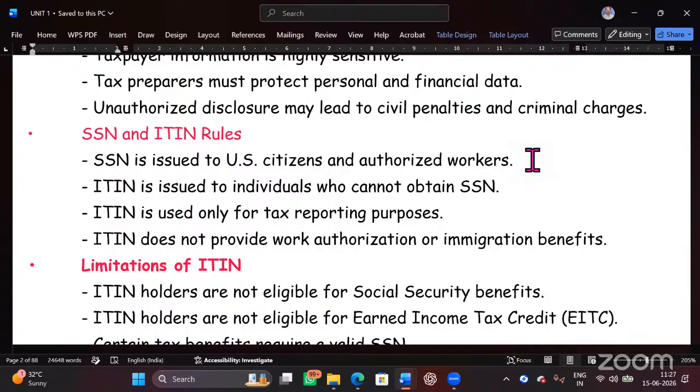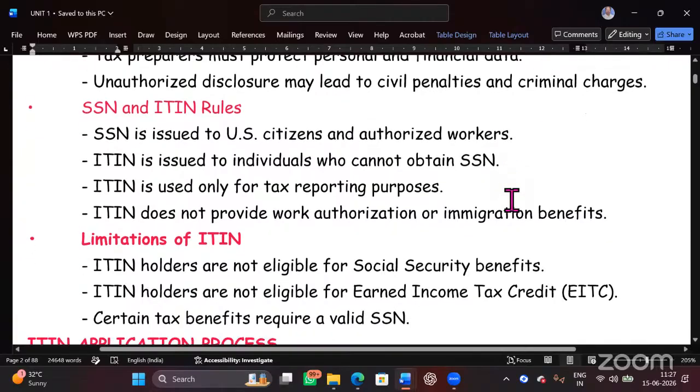Any outside of US citizens coming to US and getting the work permit through employers, those people get the social security numbers. So it is issued to US citizens and authorized workers, even though these people are not citizens of US.